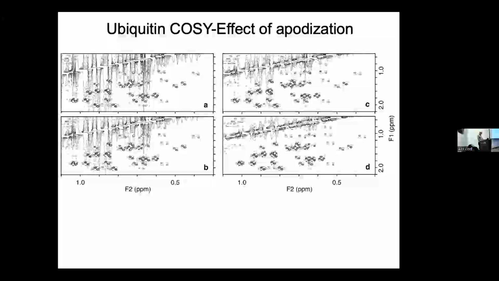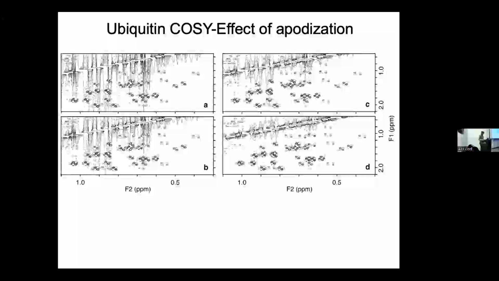Here's an example of the dispersive tails coming off the diagonal. There are various tricks in processing to try to reduce the dispersive tails by applying so-called window functions or optimization functions to truncate the dispersive tails before you kill all of the signal from the cross peaks.